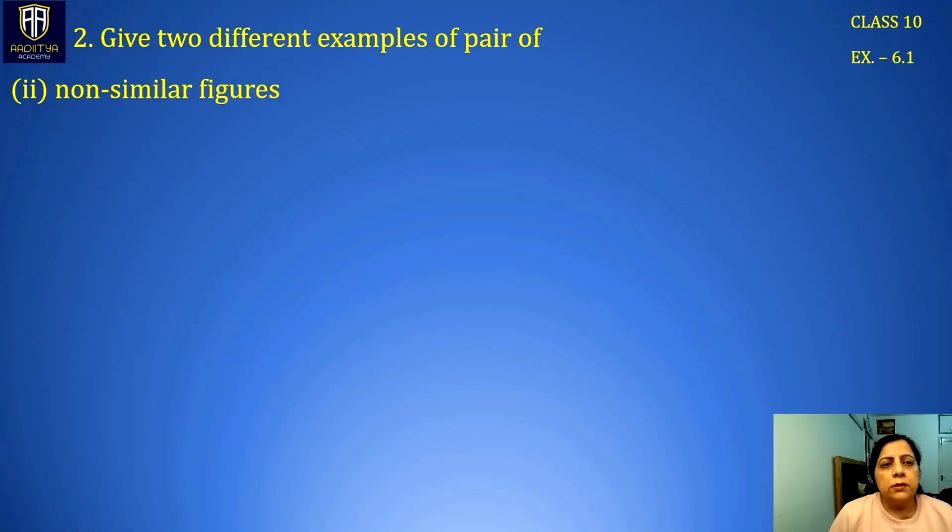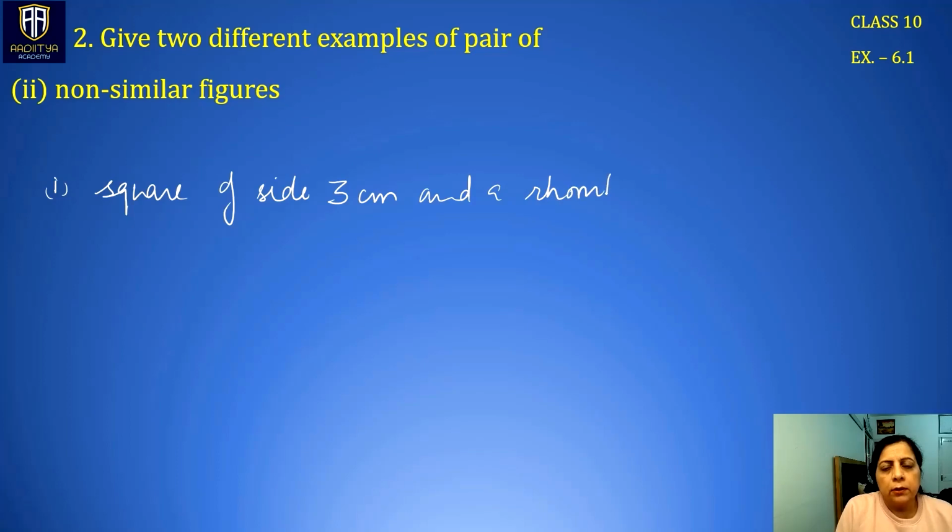Next is two non-similar figures. For this, one example can be a square of side, any side you can choose, side 3 centimeter, and a rhombus. As we know, all the sides of a square as well as a rhombus are equal.